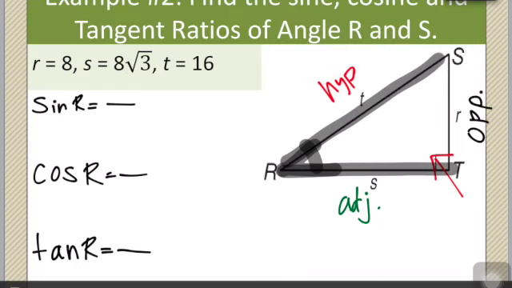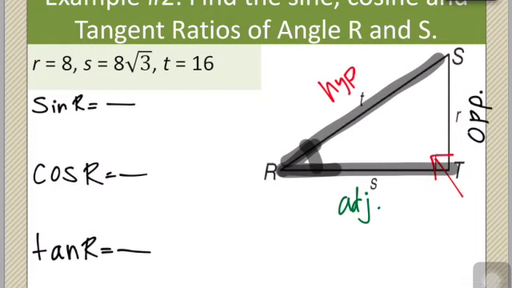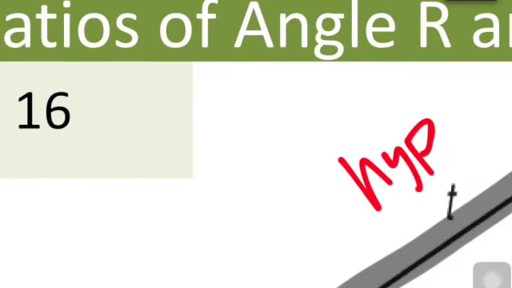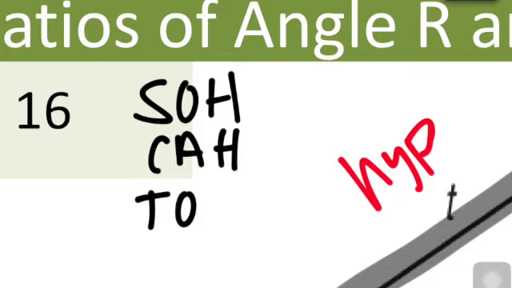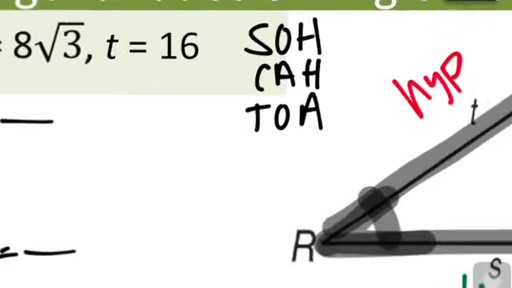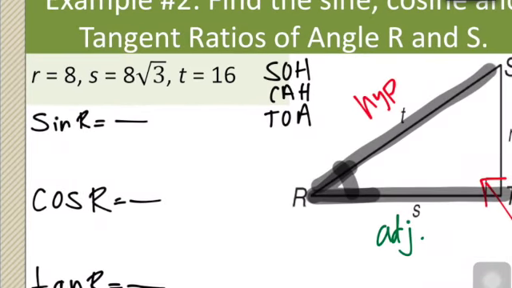Perfect. So let's plug the values into the appropriate trig function and see what we get. So the sine of R. Remember we're looking at SOHCAHTOA. Sine is the opposite over the hypotenuse.